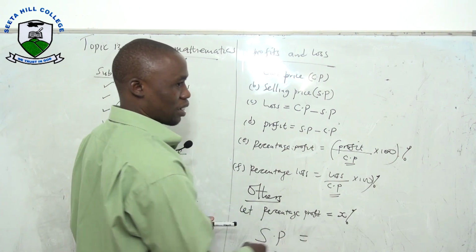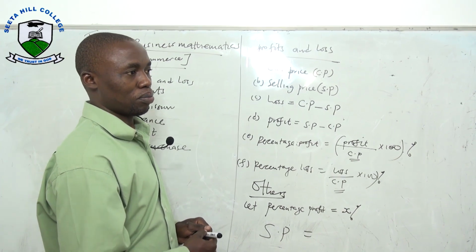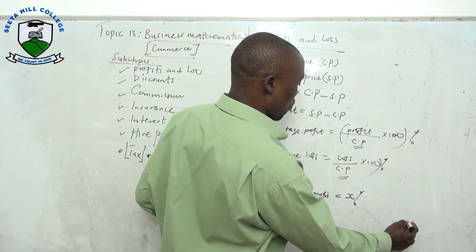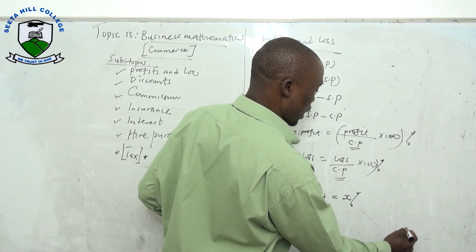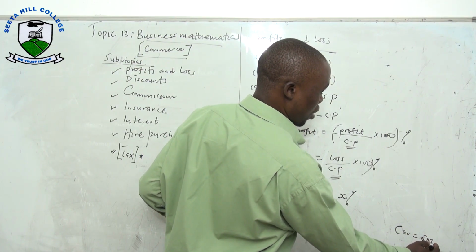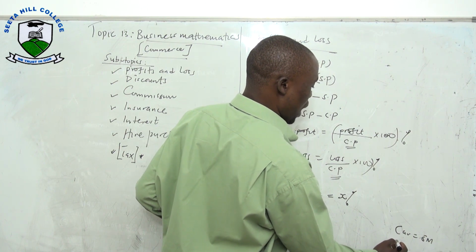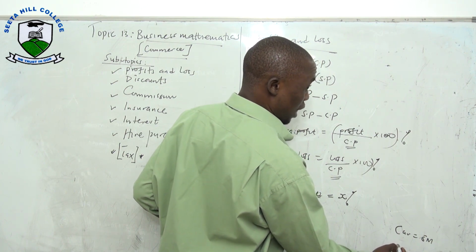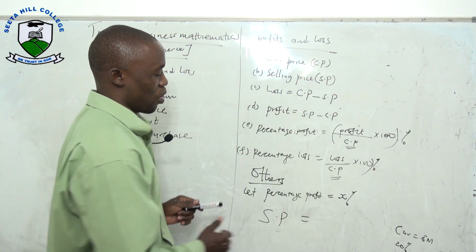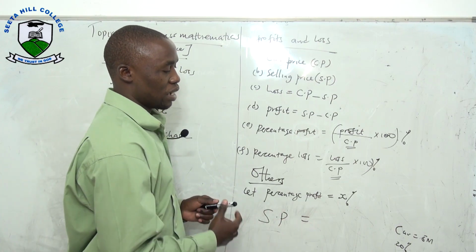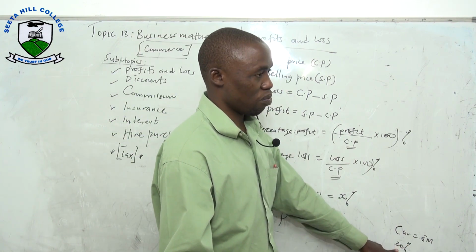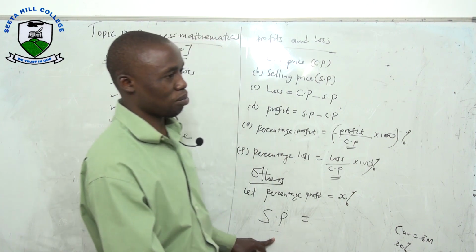This is a percentage. If a car costs 5 million, then the seller sells it at 20% profit. How can we get that formula? The car costs this but sells this 20%. What is the selling price in terms of it?